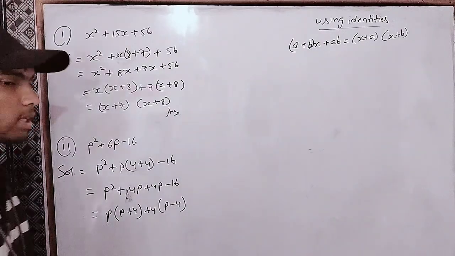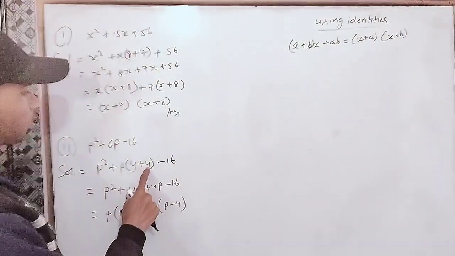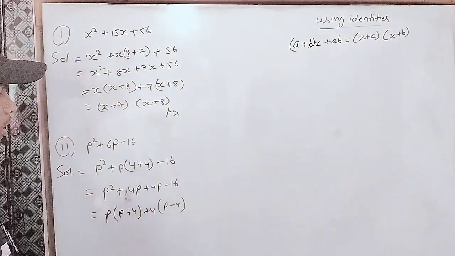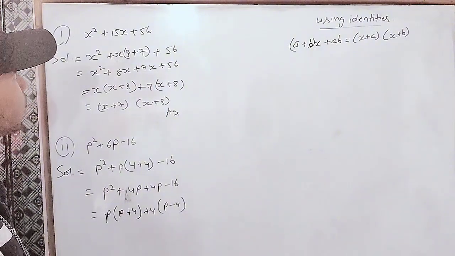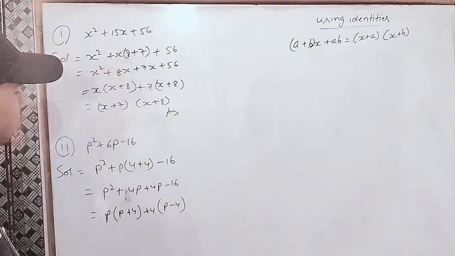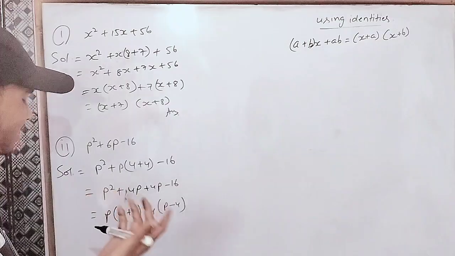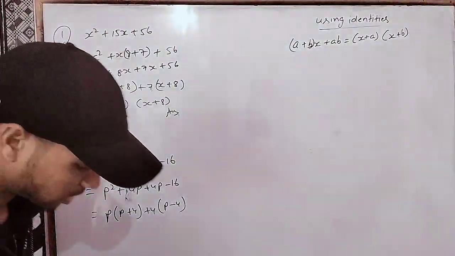One second, we have done something wrong. 4 plus 4 is 8, but we have 6.